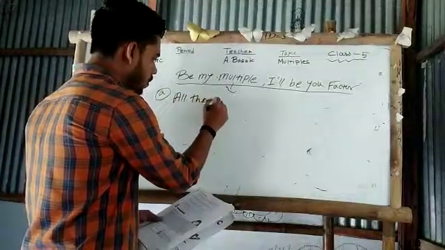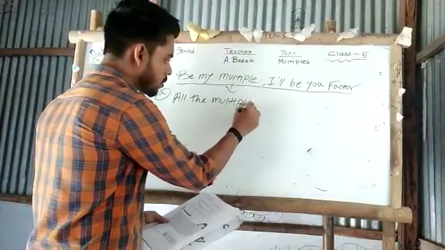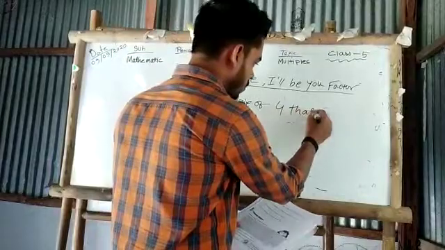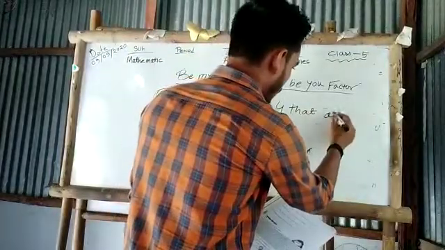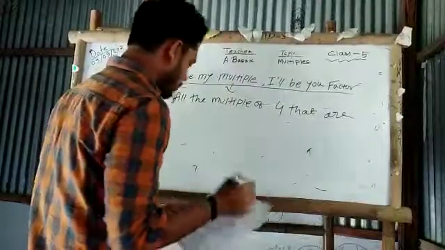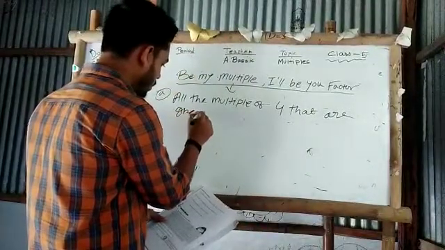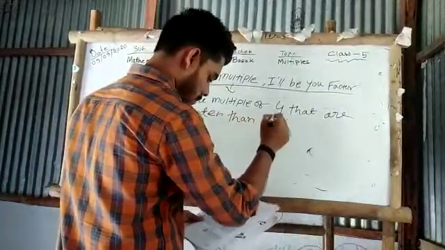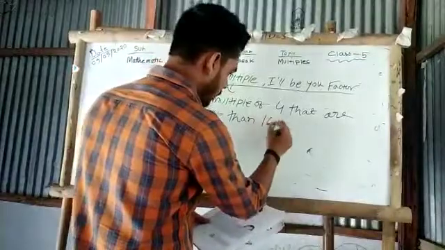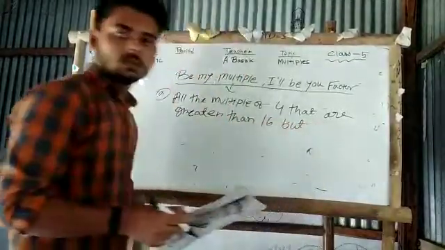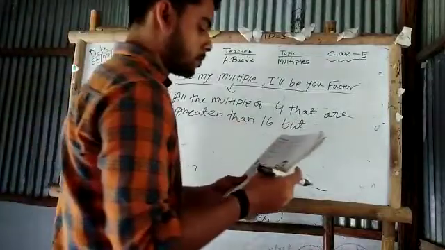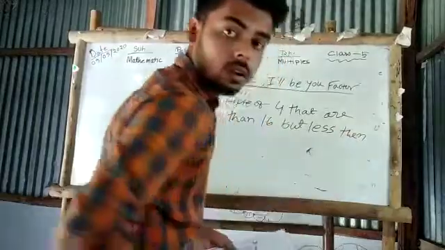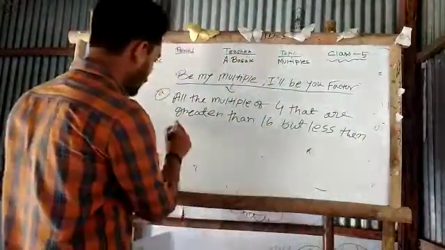All the multiples of 4 that are greater than 16 but less than 40.